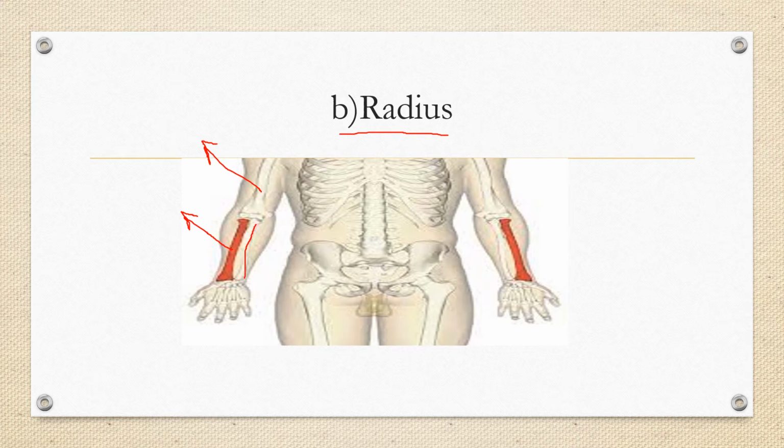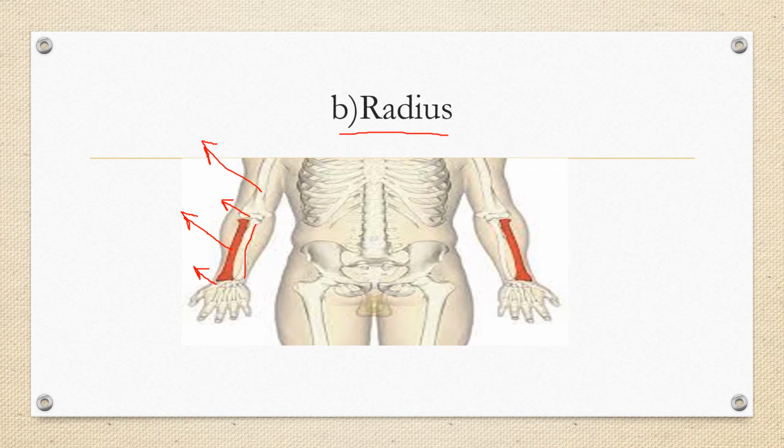The radius is present between your elbow joint and the wrist joint.